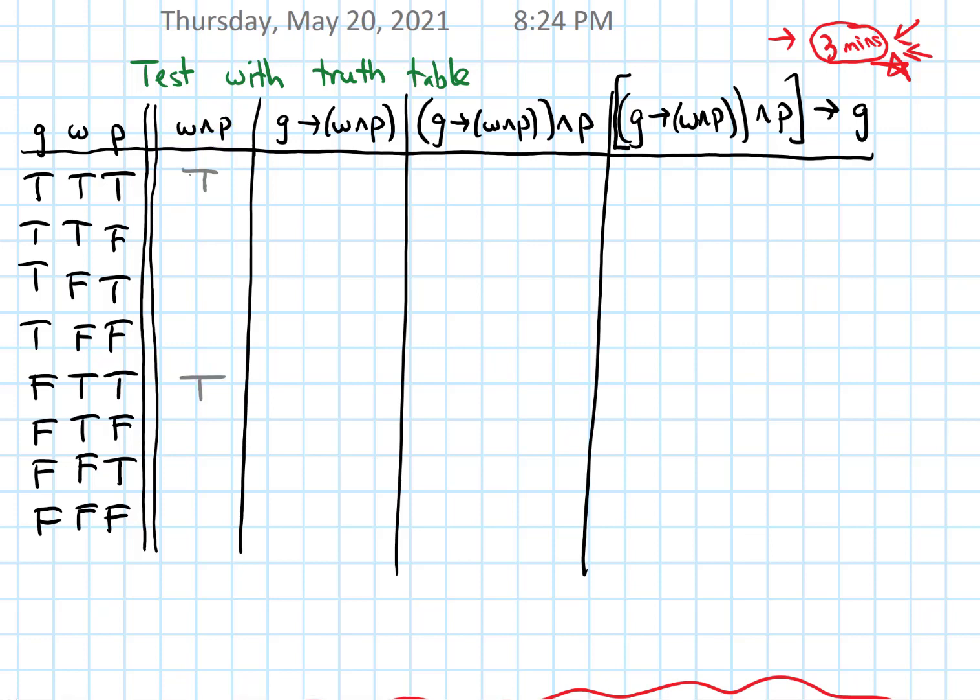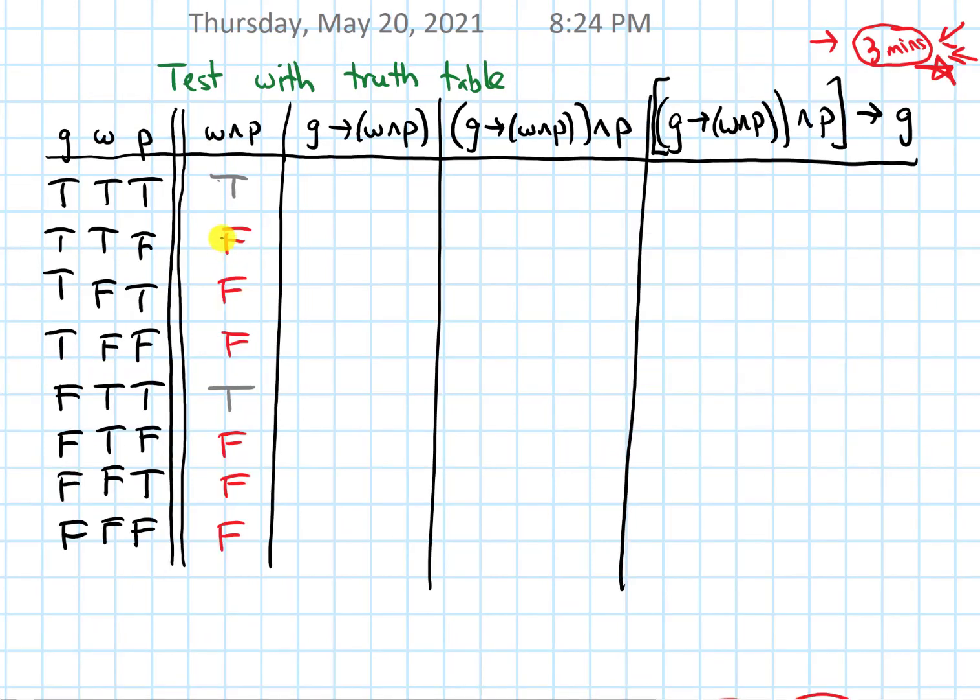So an AND statement is only true when W and P are both true, and I fill those out. And all the rest of these, at least one of them is false. So that'll make the whole AND statement false. All right, so I've gone ahead and filled in those falses. So now let's move on to this next column. G implies W and P. So I have to look at G and I have to look at W and P, those two columns.